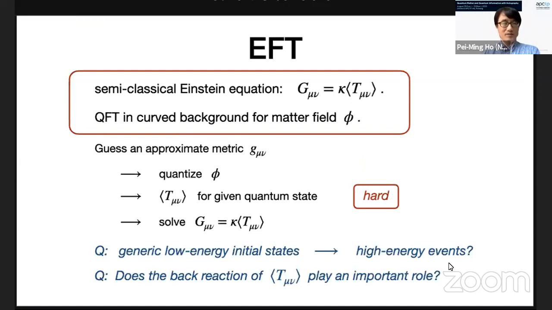Another point to pay special attention to is whether this energy momentum tensor could be estimated accurately, and whether it plays an important role. Its back reaction to the geometry, if it's very different from the classical solution, then the assumption of a conventional model is incorrect.